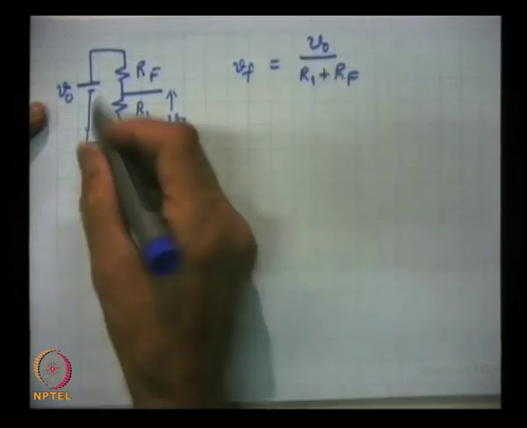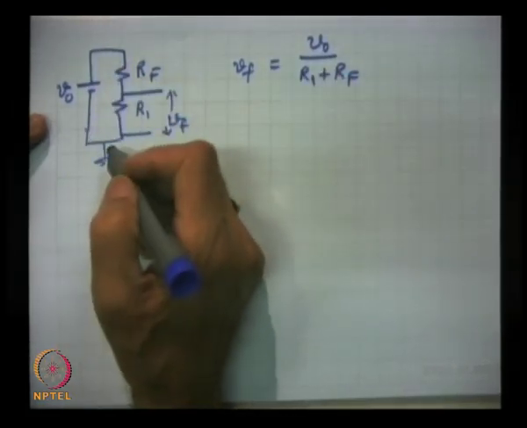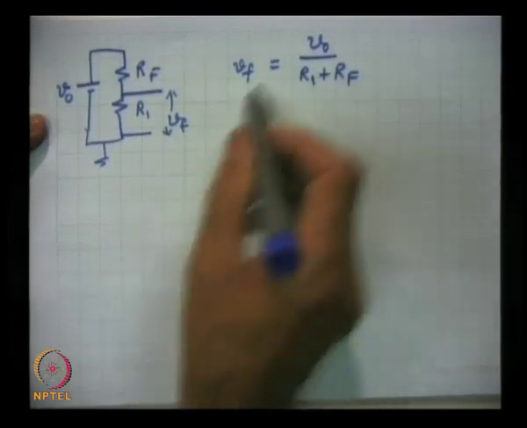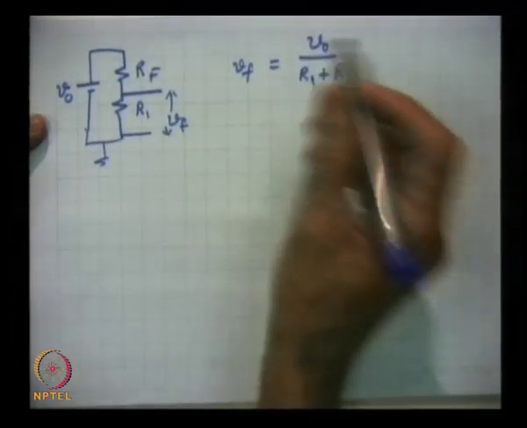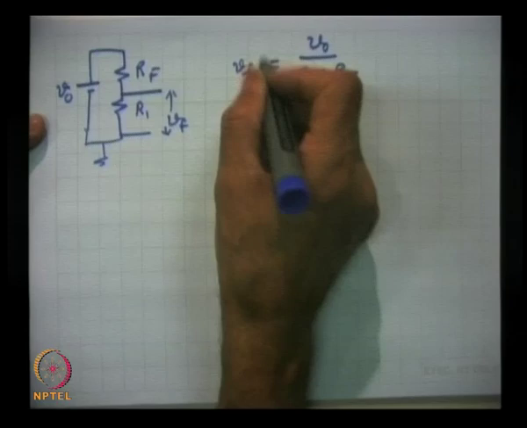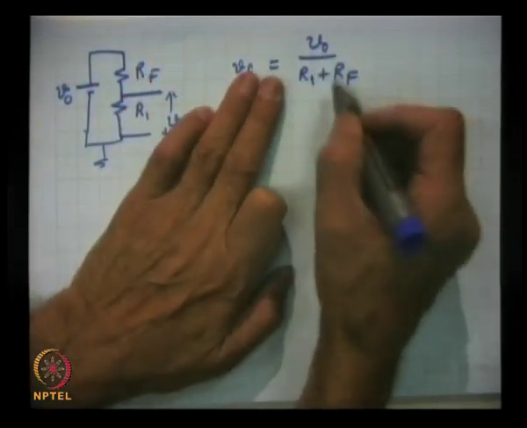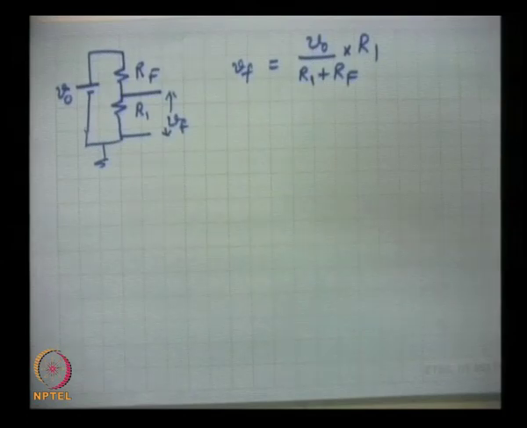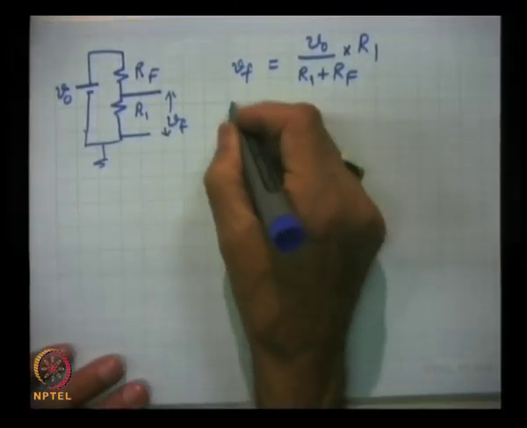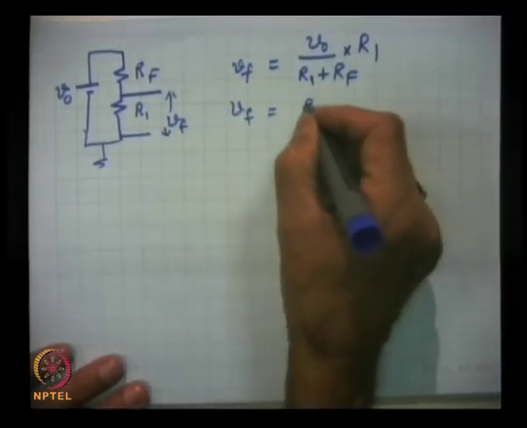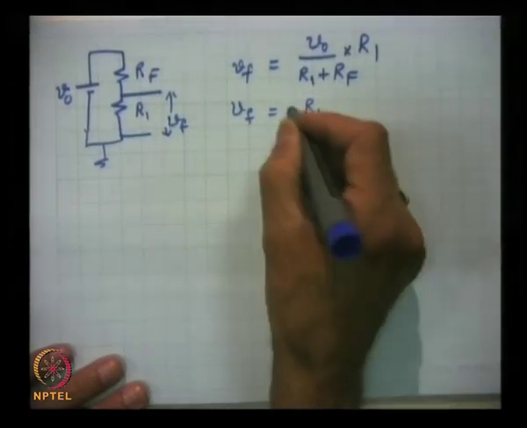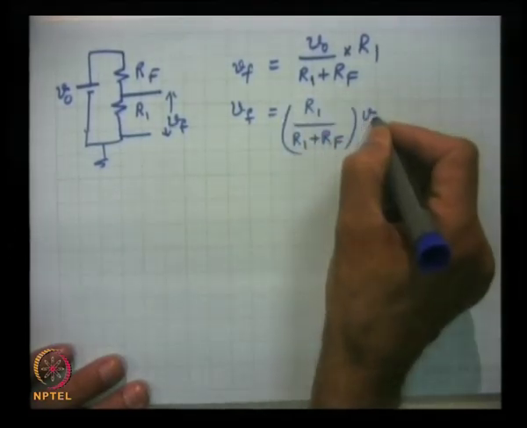This is the current through these resistances which are in series, and multiplied with R1 it becomes the voltage. So, Vf is R1 over R1 plus Rf, times V0.